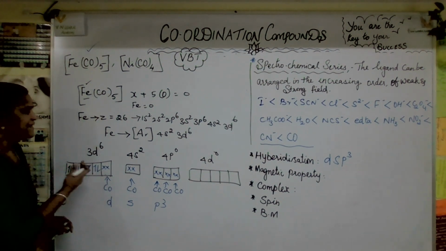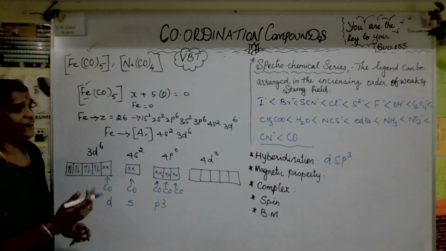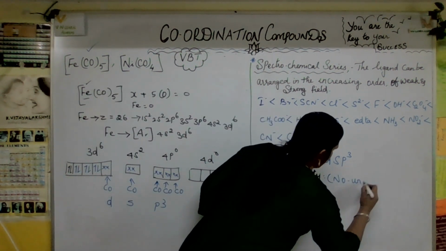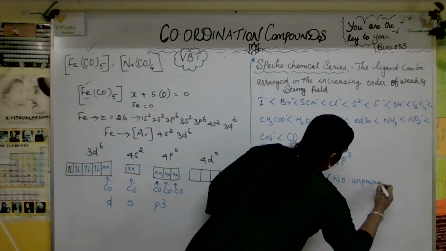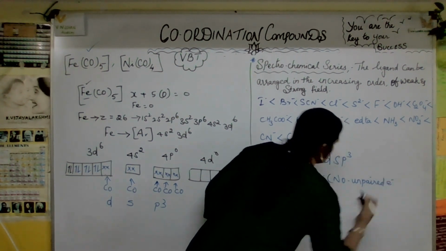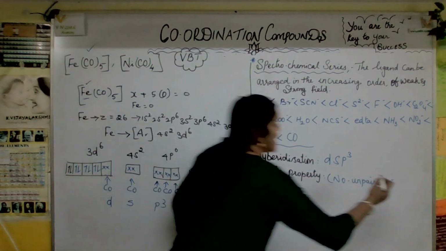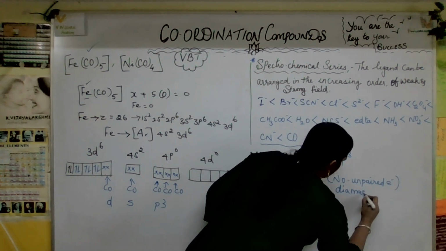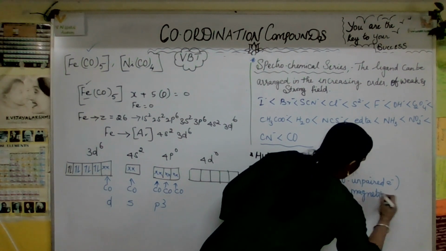There are no unpaired electrons, so naturally it is diamagnetic in nature.